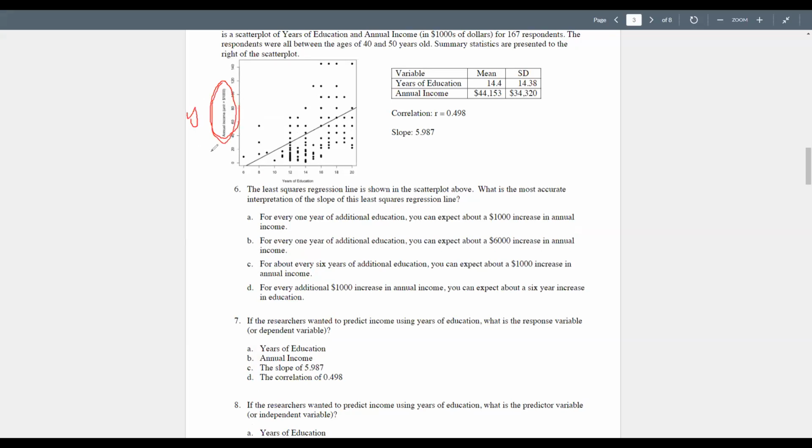This is y, and this is the x value. You can say y is equal to some constant b plus mx. So in fact, the y, we did say this is the annual income. And the x is number of years of education.